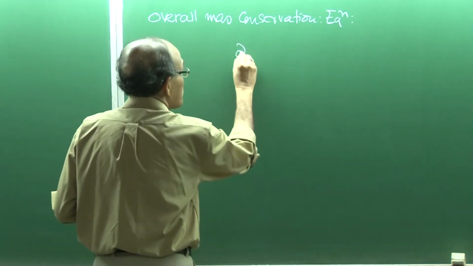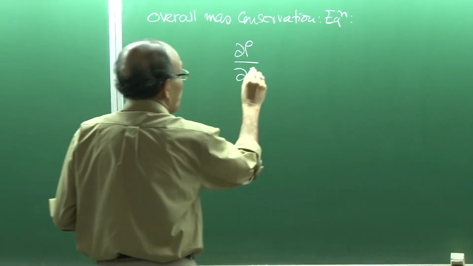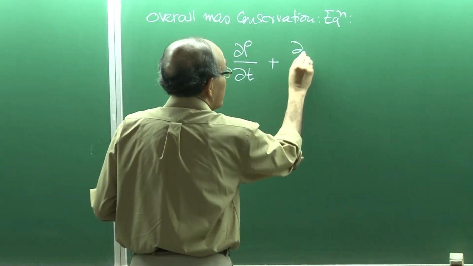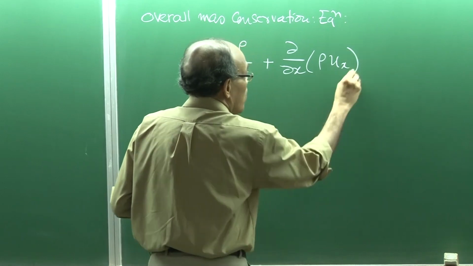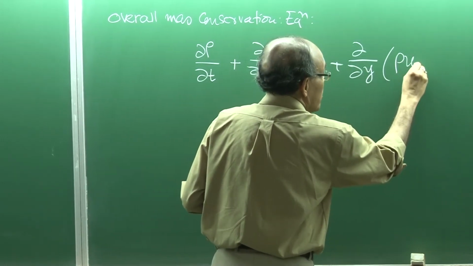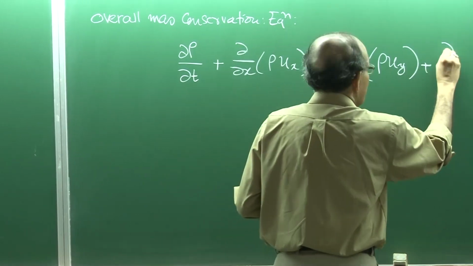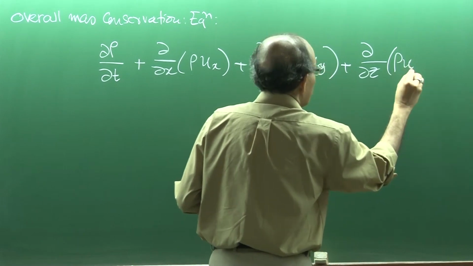Now, writing this equation once more, for all kinds of flows, compressible or incompressible. I also suggested that before we start to write the equations, we will always specify the coordinate system.